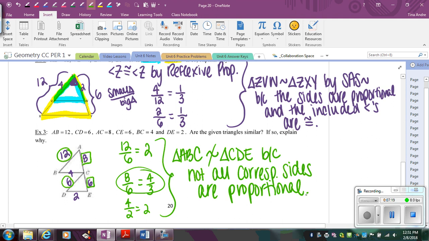So there you have it. These are kind of like informal proofs in a way, because you're deciding if they're similar and then writing an explanation, but it's not a formal proof. It does get us started with looking at these similarity theorems. So go ahead and check your understanding problems, get your key ideas down, and we will talk about those tomorrow in class.